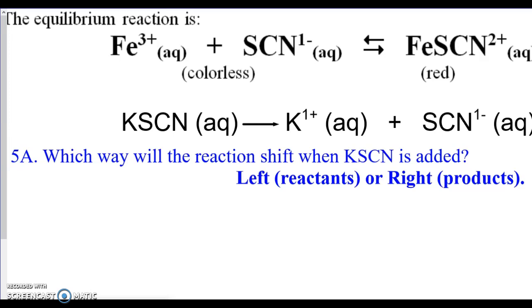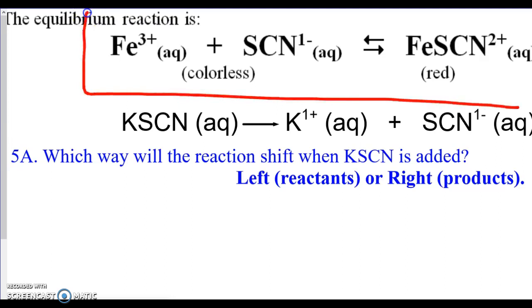So which way will the reaction shift as potassium thiocyanate is added to the beaker? So here's our beaker with everything in it. We're going to sprinkle in some potassium thiocyanate. What will actually happen? Go ahead and take a guess at it. Well, if we're adding some more potassium thiocyanate, as soon as it gets into the beaker, we're going to end up having more of this available.